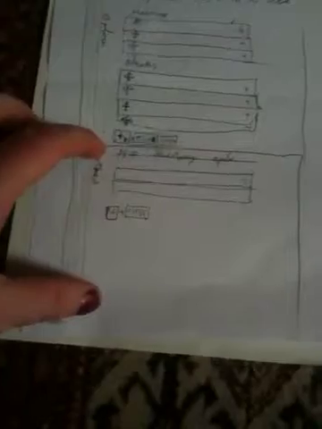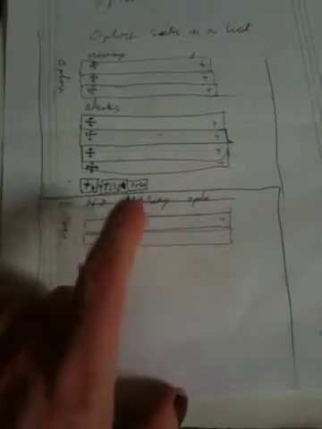So the options will be at the top and then extras at the bottom. This is my plan. And the extras are tick boxes, pretty much. So extras are tick boxes, options are things you can pick.